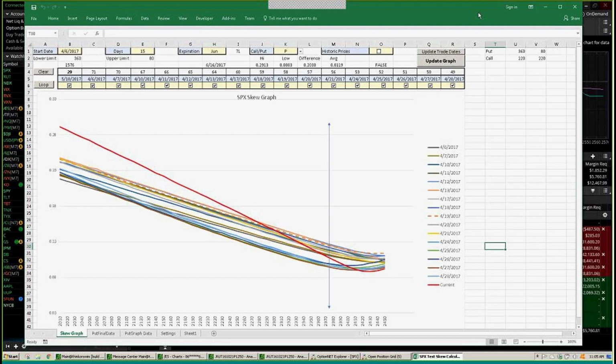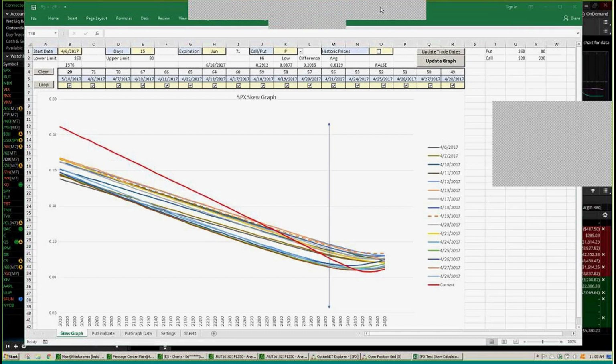The two things you have to realize is that the wider the body of your condor, and all a condor is that your center strikes are split, so the wider the split between your two middle short strikes, and the longer your wing lengths, those are the two factors that will make volatility hurt the pricing of your structure more.